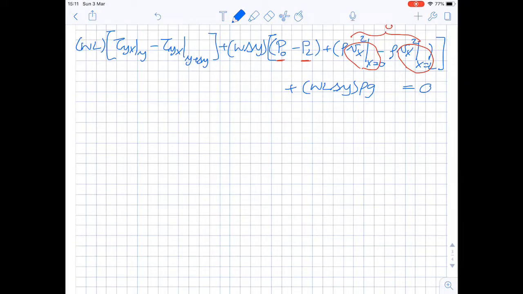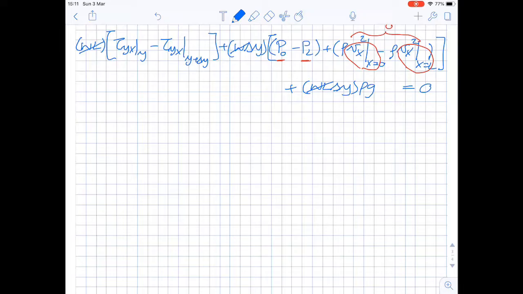So if I divide the whole term by WL, so WL here will be gone. W will be gone here, and we will have L as denominator.